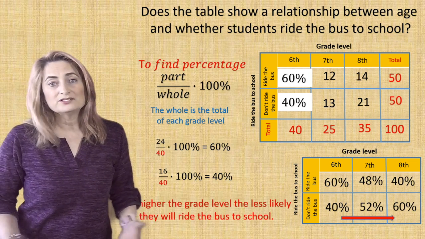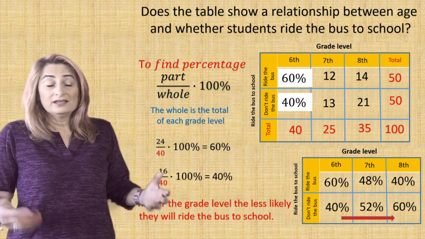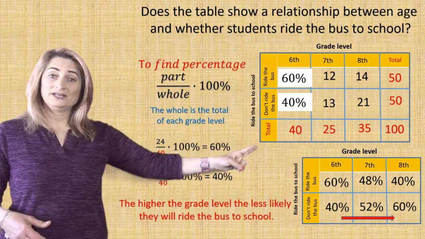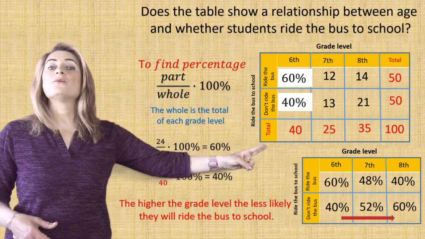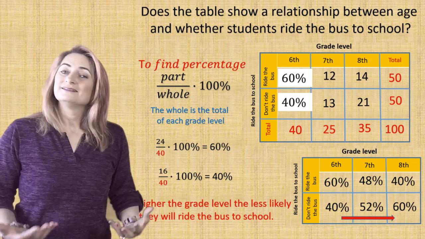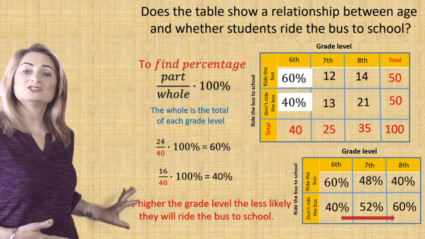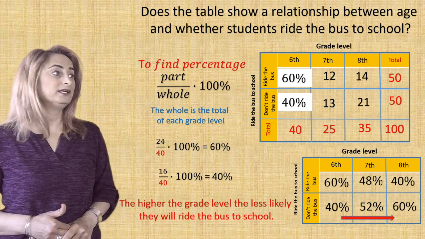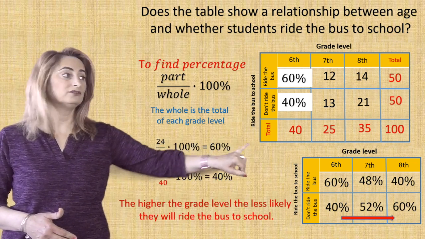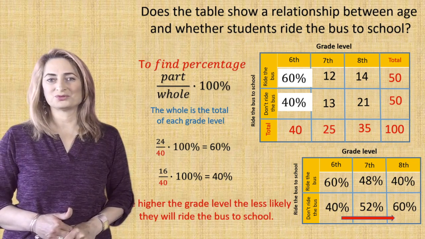Of course, there are different ways to say that. You can also say the lower the grade level, so if you go to 6th graders, the more likely they would ride the bus. So you can word it however you want, as long as you can find that relationship between the two categories, which are grade level and whether they ride the bus to school or not.